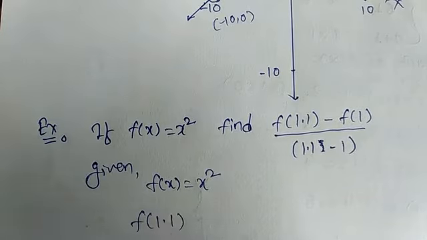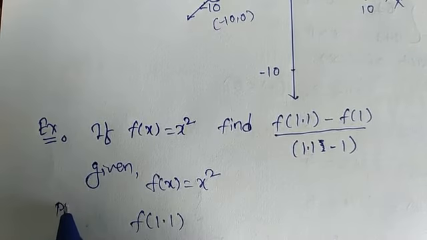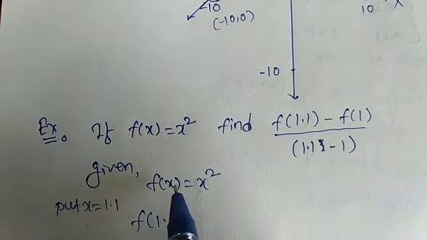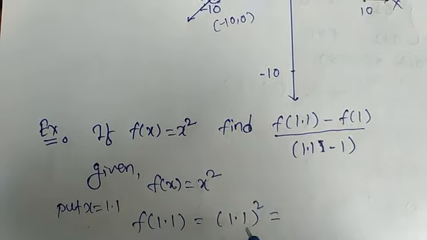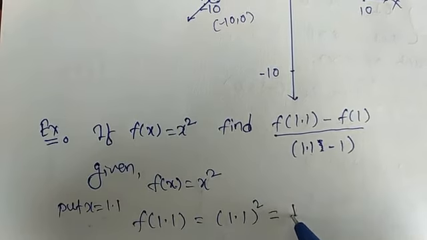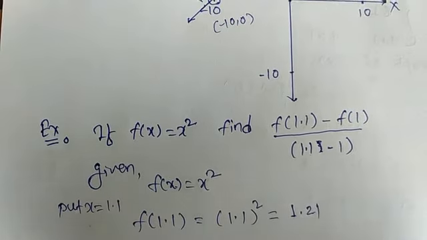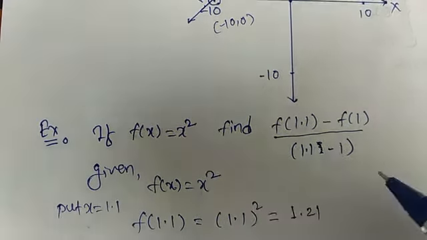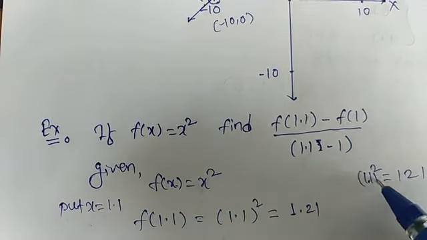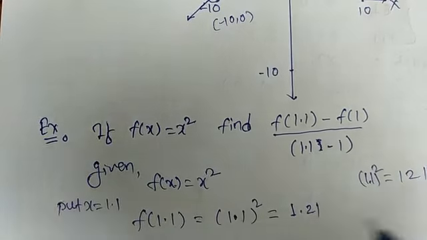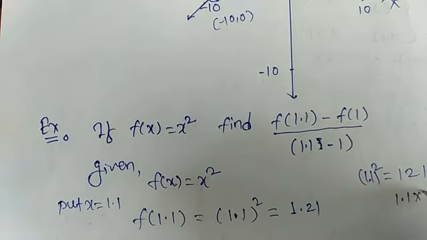That is, we have to put x is equal to 1.1 in this function. So we will get 1.1 bracket square, and 1.1 square, when you calculate it, is 1.21. You know that 11 square is equal to 121. So here it is 1.1, which means we have a calculation 1.1 into 1.1.